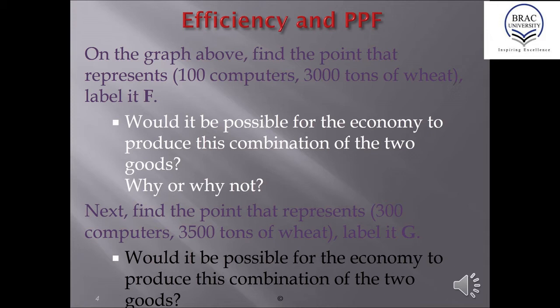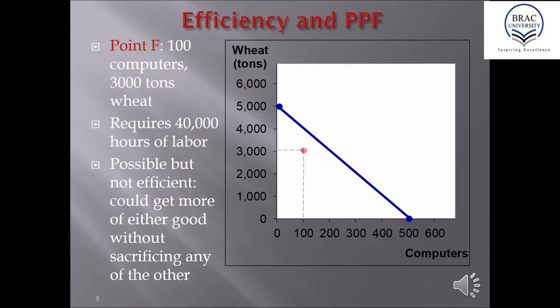Now, to check how the PPF illustrates the concept of efficiency, let's look at the graph and find the point that represents 100 computers and 3000 tons of wheat. That would be point F here. At this point, the economy is producing 3000 tons of wheat with 100 computers.